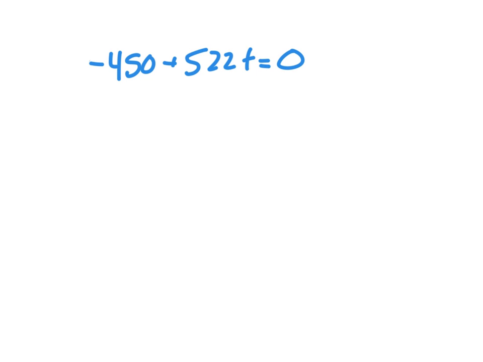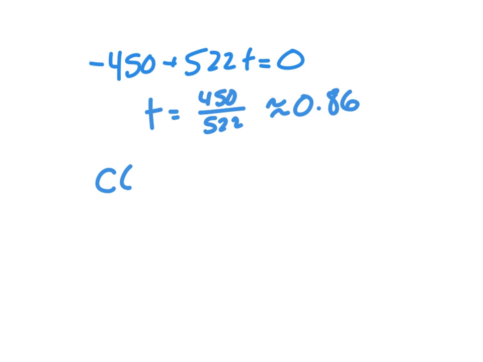Okay, so we're going to set the numerator equal to 0, and I think without too much trouble you'll see that t equals 450 over 522, which I think is around 0.86-ish. And if you plug this into c, guess what you get? You get 5.6.